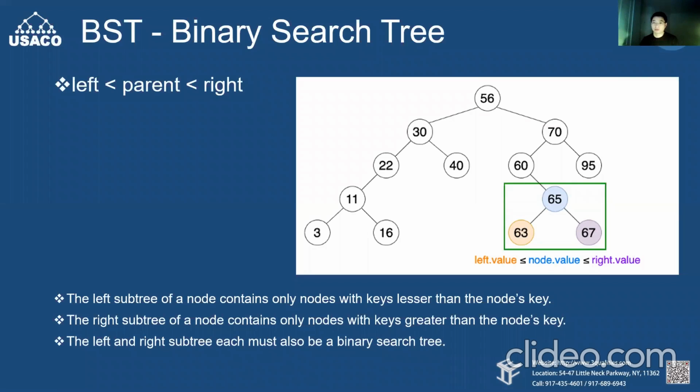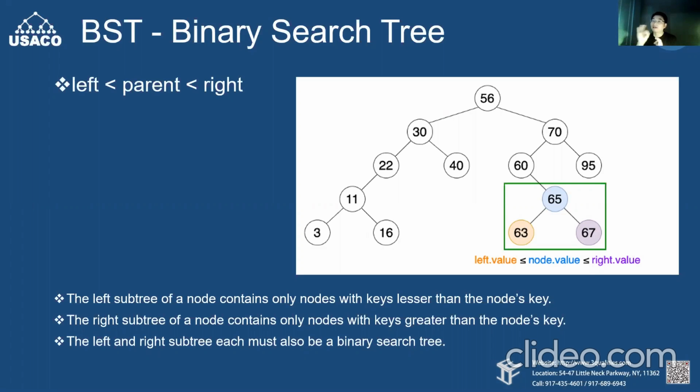What does it mean? I give a tree. Look at this example. The root is 56, right? His left node is 30, less than 56. His right node is 70, bigger than 56.